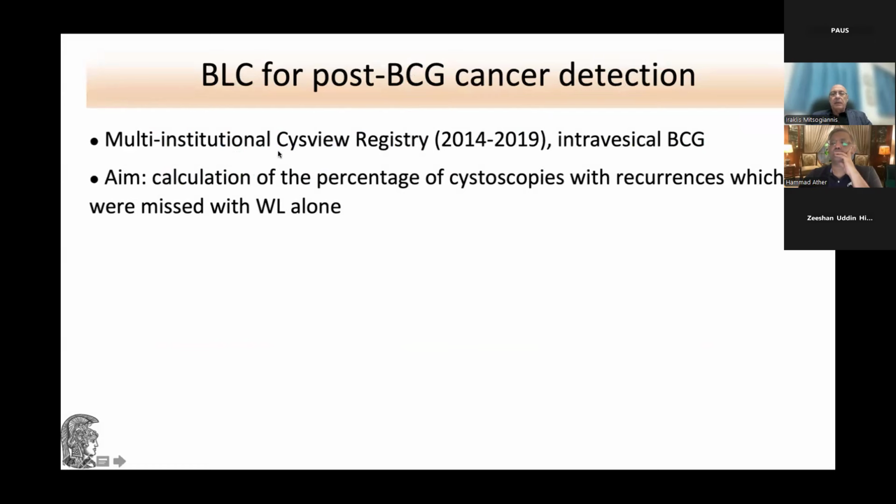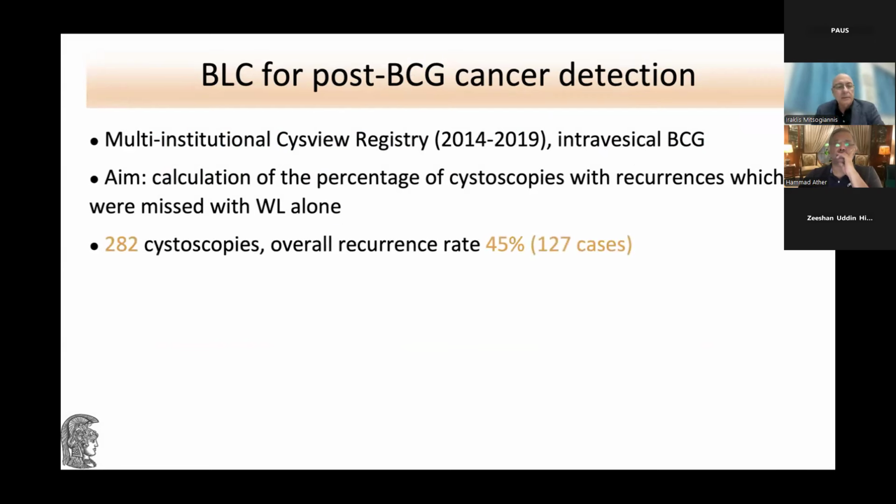Patients from this registry that had intracycle BCG treatment were included in this study. And the aim was to calculate the percentage of cystoscopies with recurrences that were missed with white light alone.